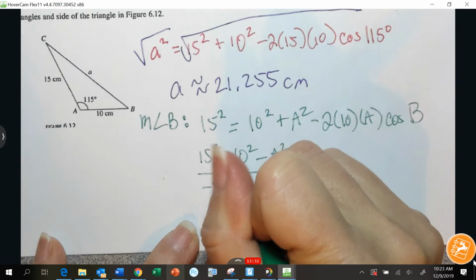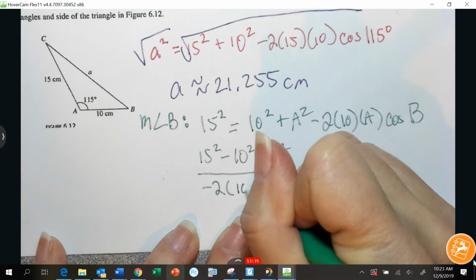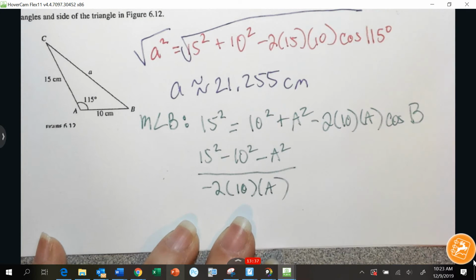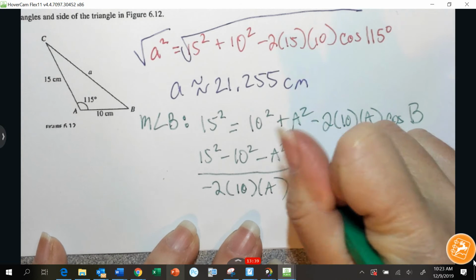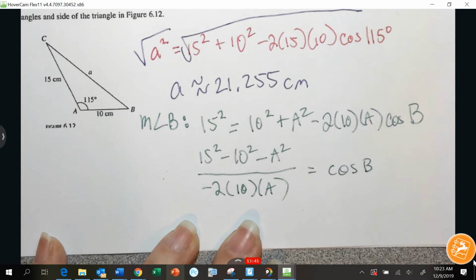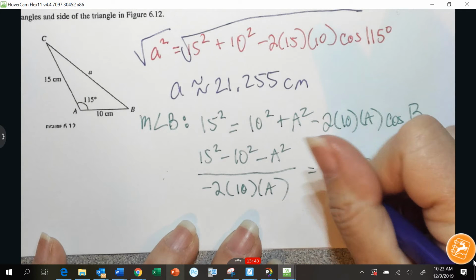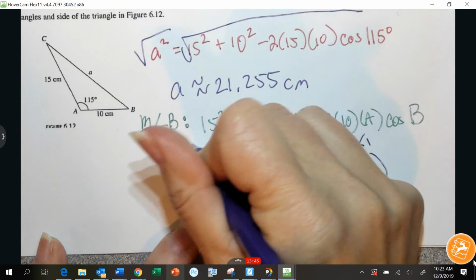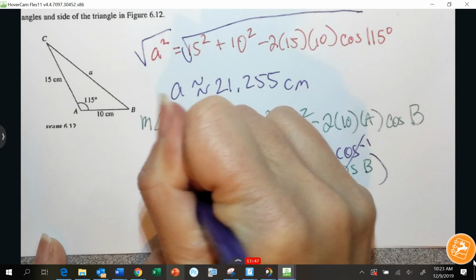We'll divide that by -2 times 10 times A, which is also stored in the calculator. And then I'll do cosine inverse to find the angle.